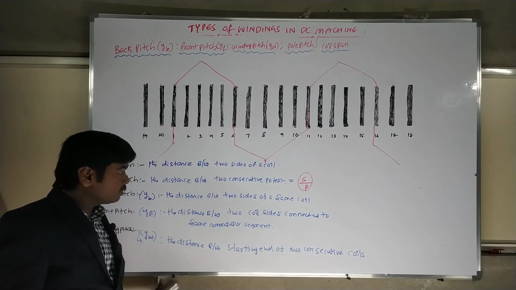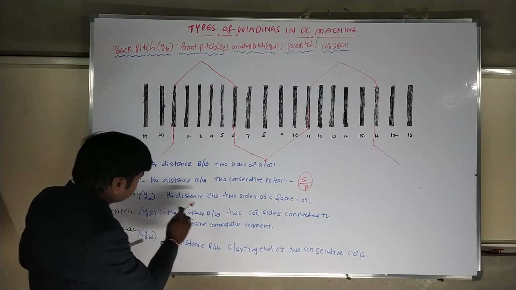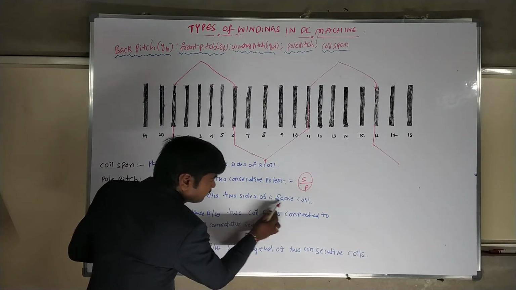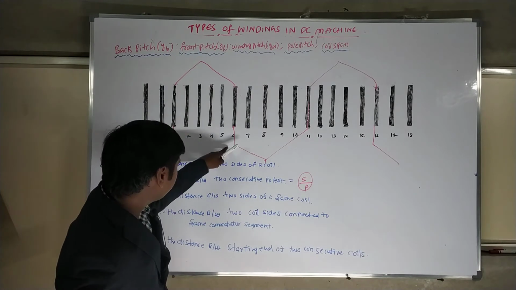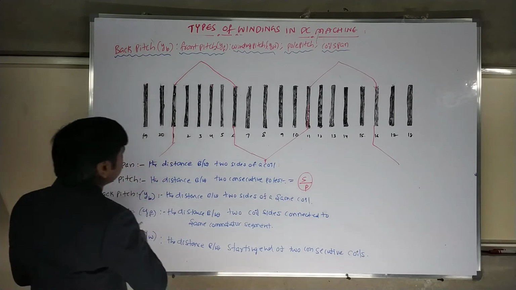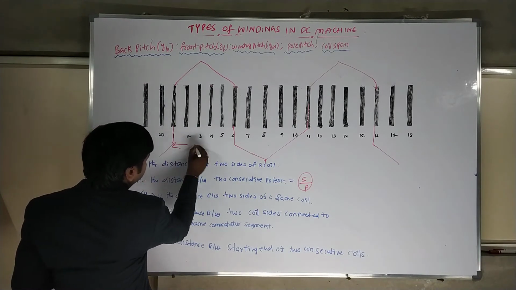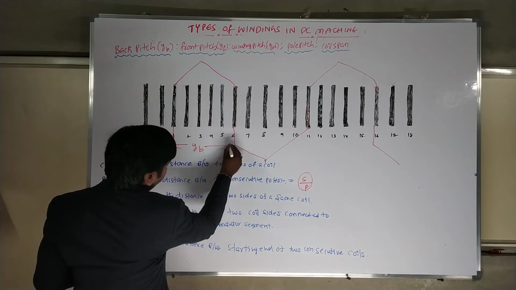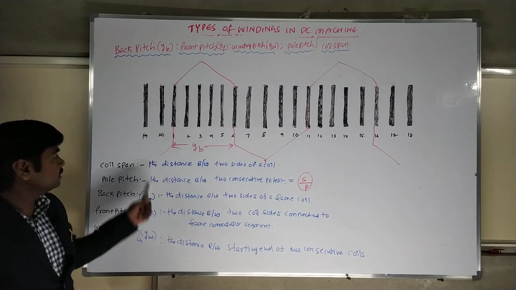The distance between two sides of the same coil. So here to here I can write the back pitch. This distance comes under the back pitch.